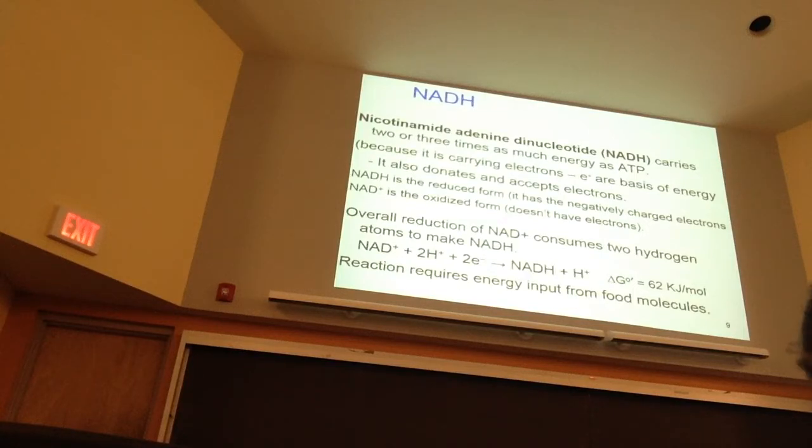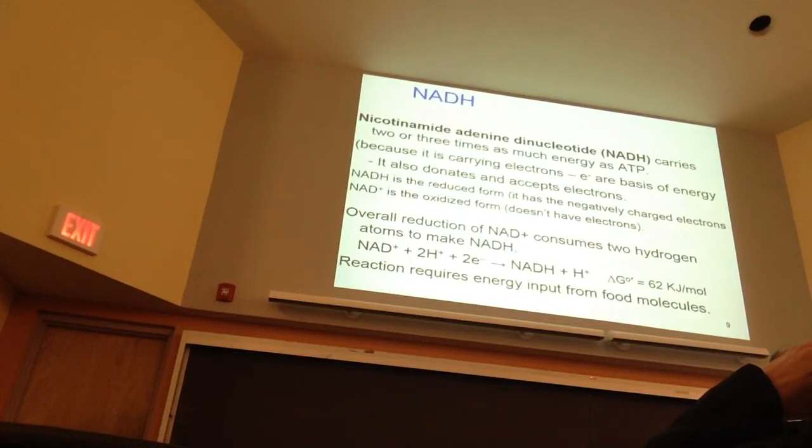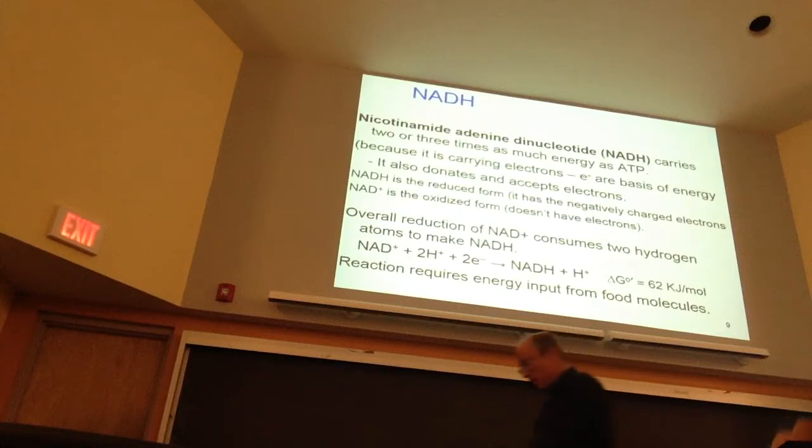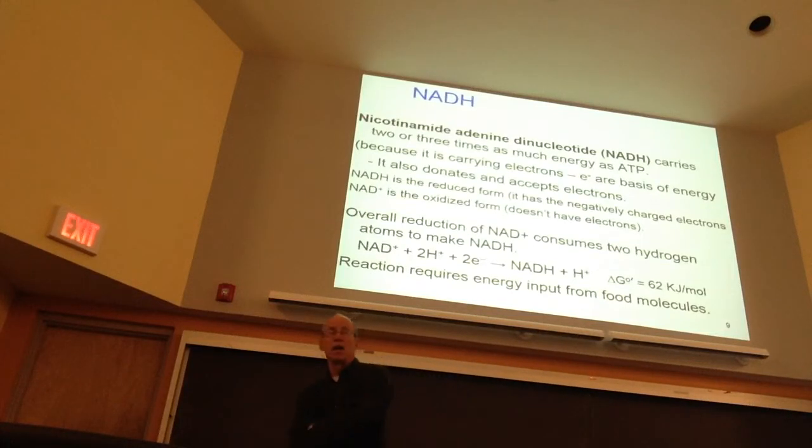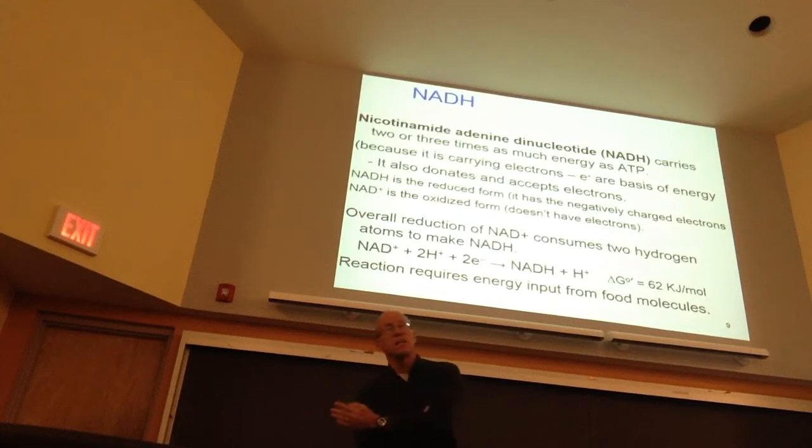Okay, so looking at a couple of these electron carriers that I know you've seen before. Nicotinamide adenine dinucleotide. The interesting thing about these electron carriers is, as I've said, they are carrying electrons, and guess where the energy is? It's in the electrons. There's more energy associated with the 2 electrons that are carried by NAD than there is in ATP.